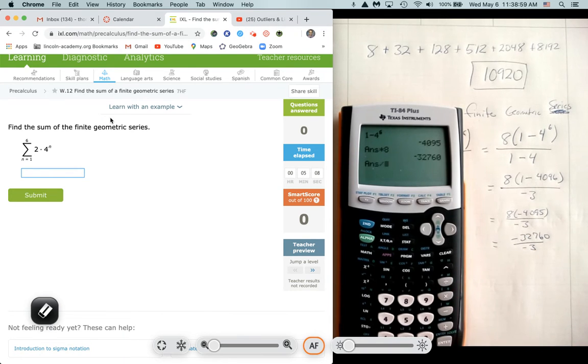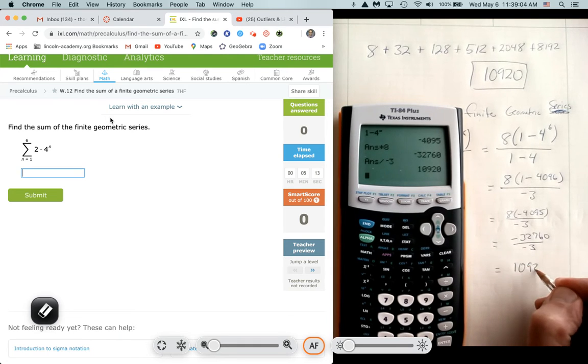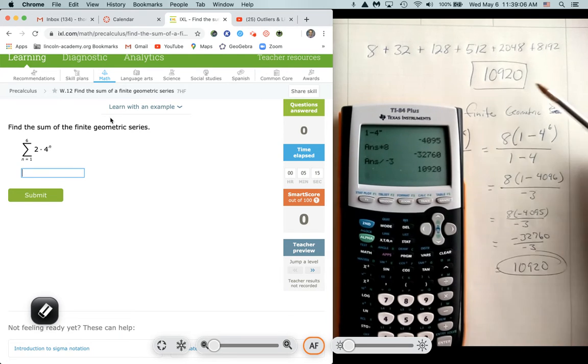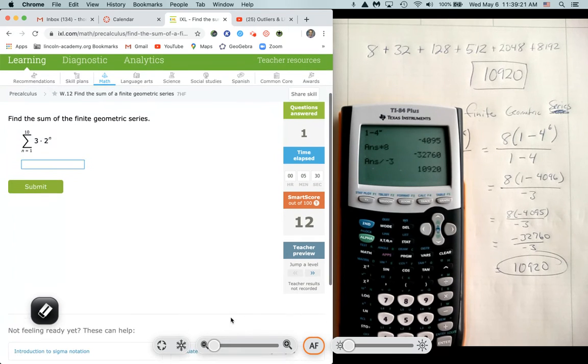So I divide by negative 3, and I get, of all things, 10,920, which is exactly what I had up here. So I would recommend you try to get 10,920. Get used to, or at least familiar with that formula, because you will see it in later years.